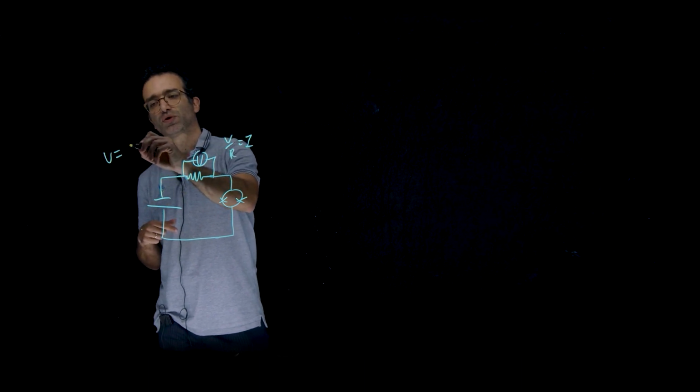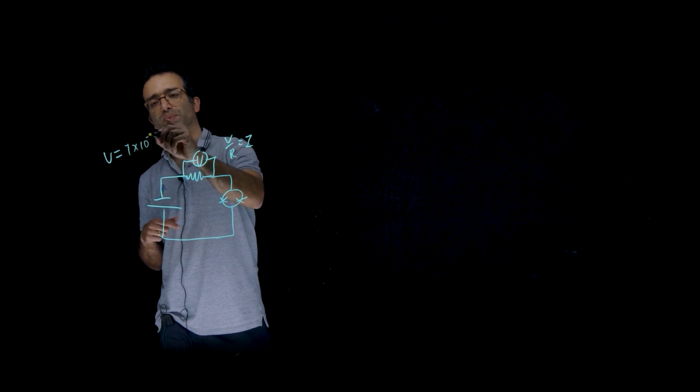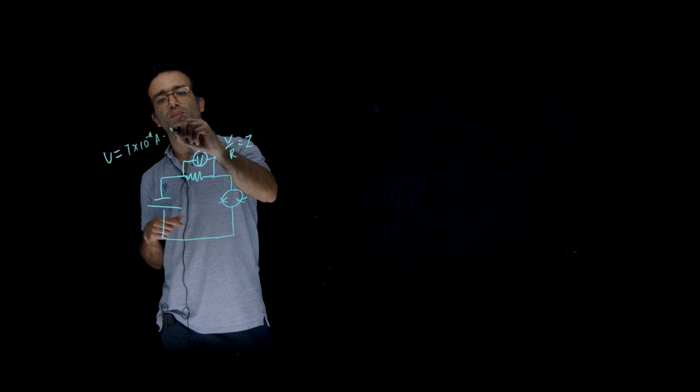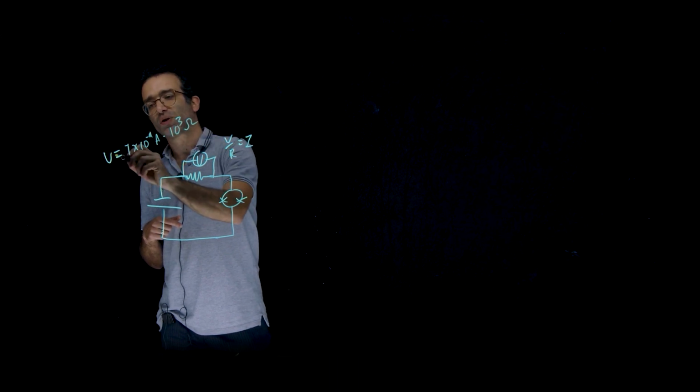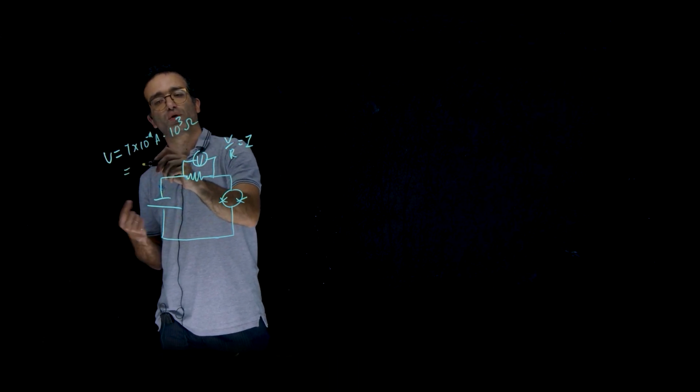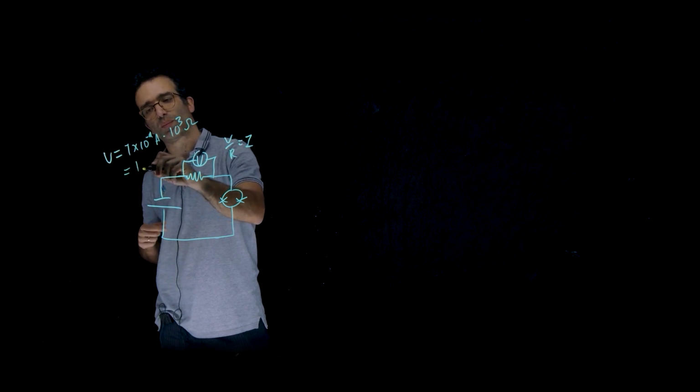So if my current is of the order of a nanoamp, I need a kilo ohm so that this will be of the order of my sensitivity, which I set to about 1 microvolt.